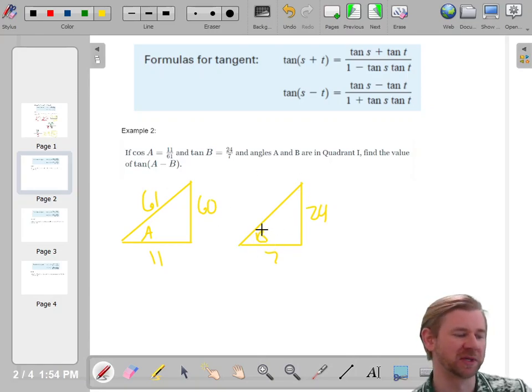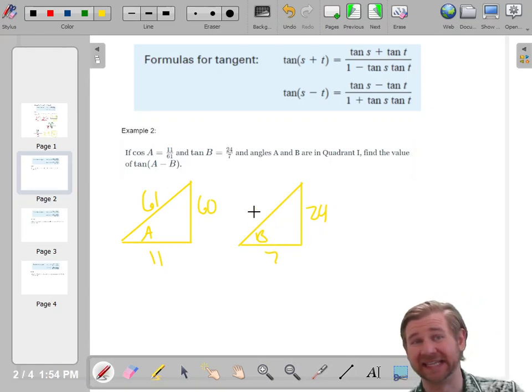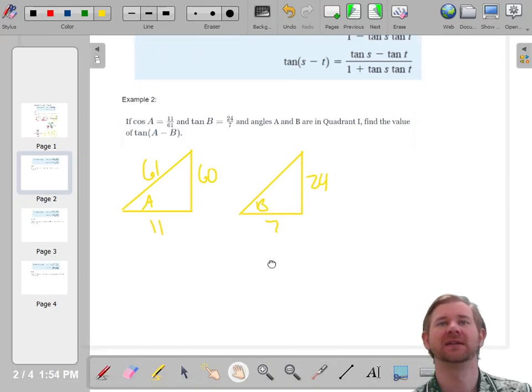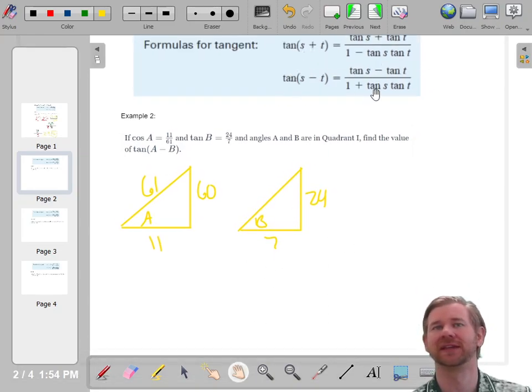This is a Pythagorean triple. You actually don't even need the hypotenuse for the other triangle, because you're going to use tangent. I could find it, it's going to be 25, but it doesn't matter. So when I do my formula, notice it's A minus B. There's nothing in here that's not a tangent, so I know the tangent of B, so I'm good.